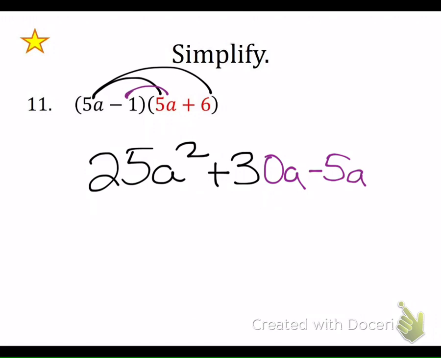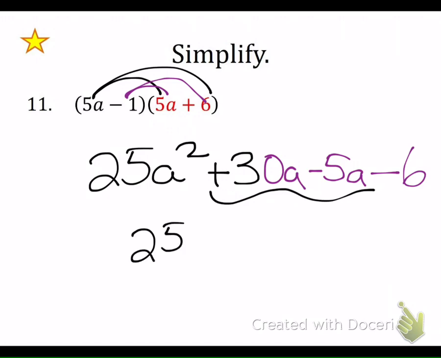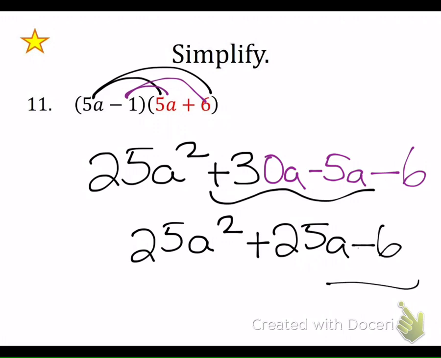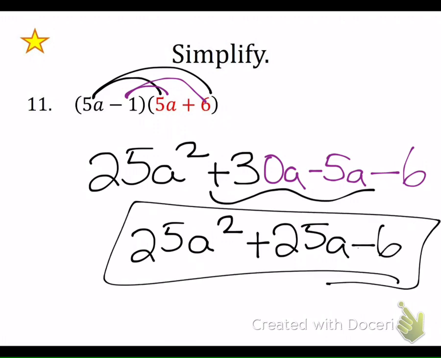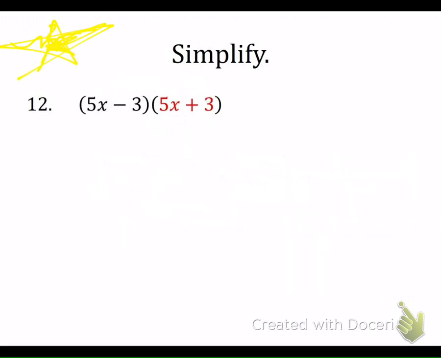And what is negative 1 times positive 6? Good. Same idea. We've got some like terms happening. So 25a squared plus 25a. The signs are different, so subtract the numbers and keep the sign of the larger. Minus 6. Questions?